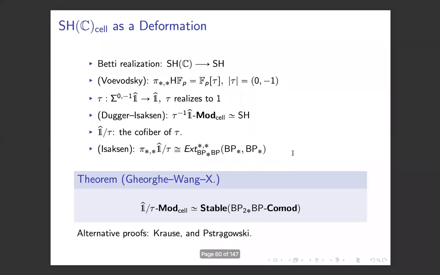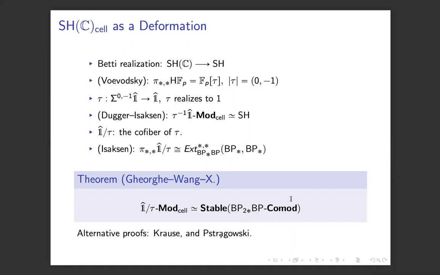So following this observation, Gheorghe, Wang, and myself proved that if you work with the cellular modules over this two-cell complex, then Gheorghe proved that this ring is actually E-infinity, and the whole category is actually the unbounded derived category of BP_*BP-comodules that are concentrated in even degrees.